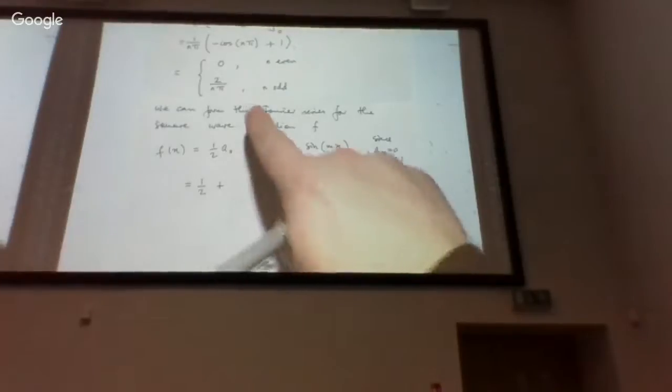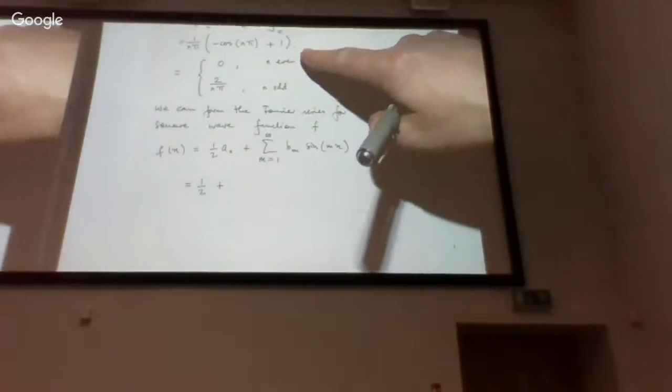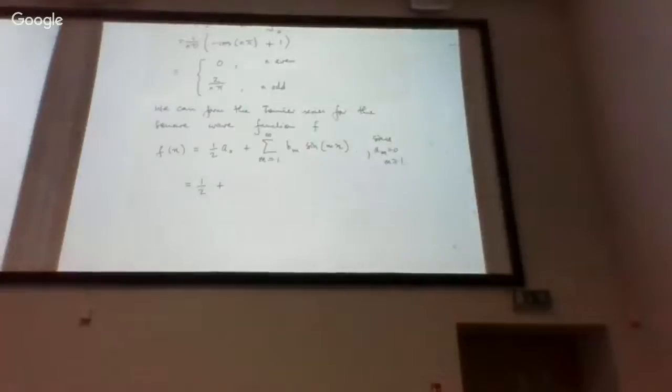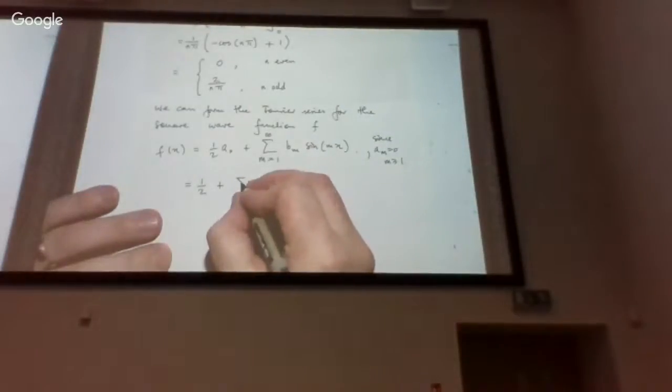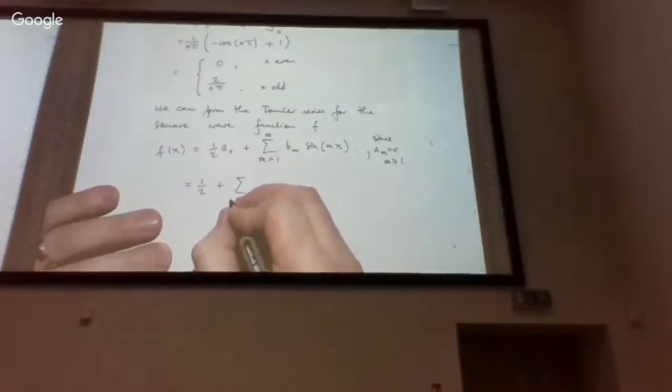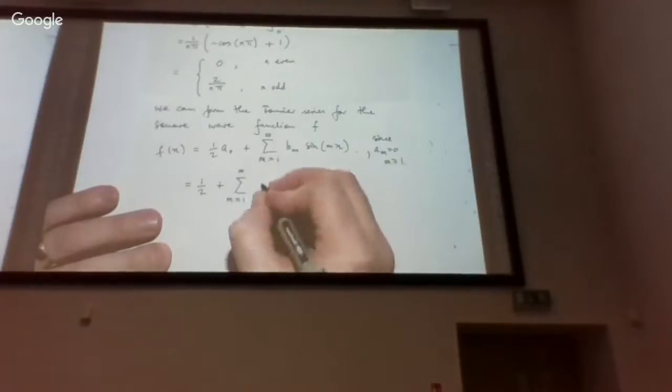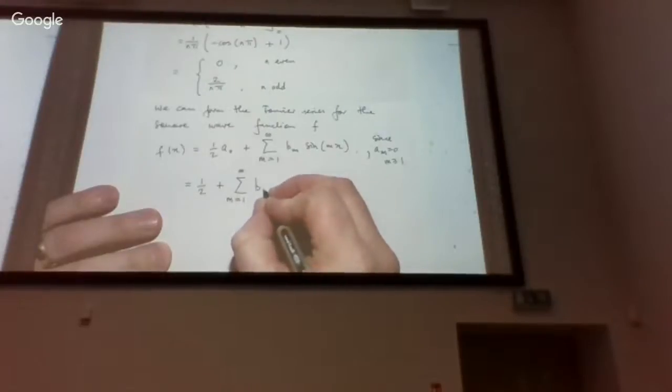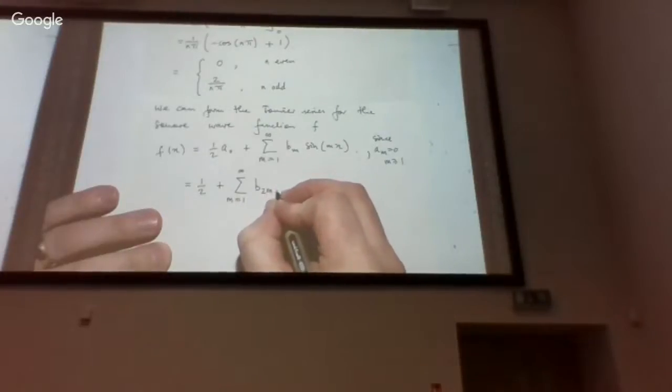Half of the n's are 0, so we only want to capture the odd indices n. To capture the odd indices n, we can make m go from 1 to infinity, and refer to b of 2m minus 1.